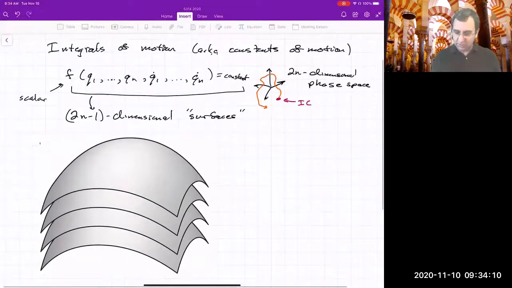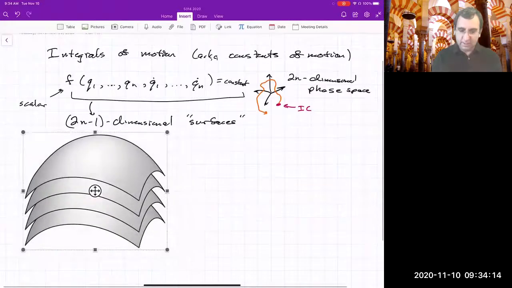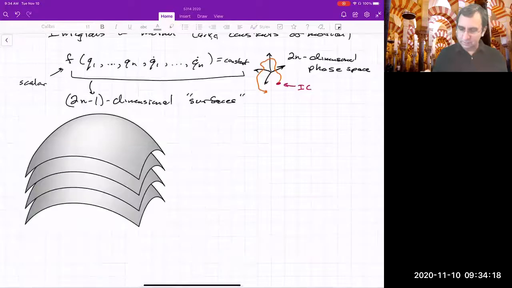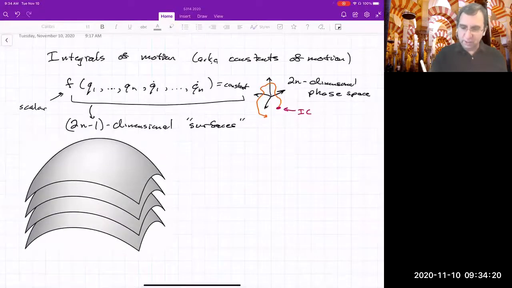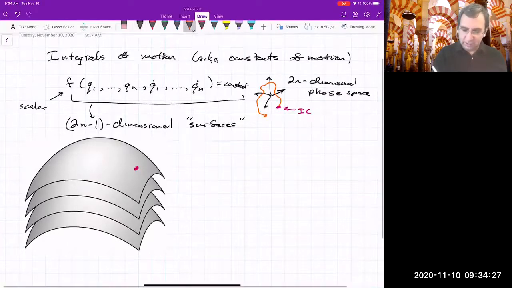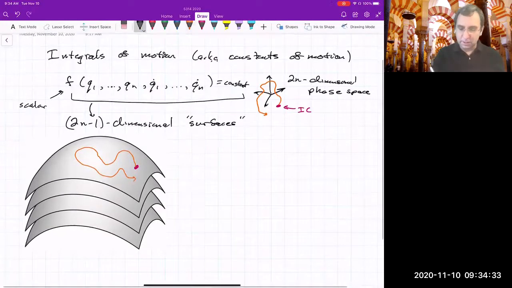So this is just some schematic of a bunch of surfaces. And think of these as, along each of them, there's some value, so that if our initial condition was on this surface, it could only wander along this surface. It couldn't wander along any of the other surfaces. So this might be, you know, f equal to some constant, c1.